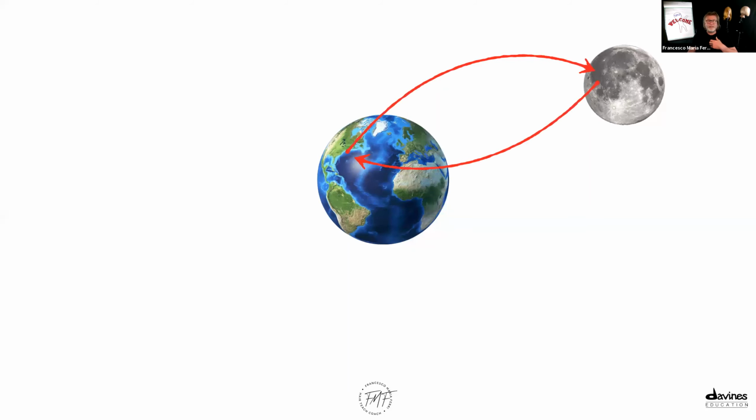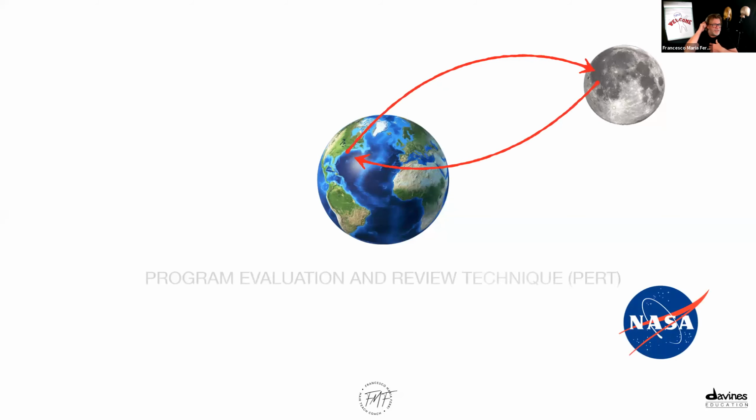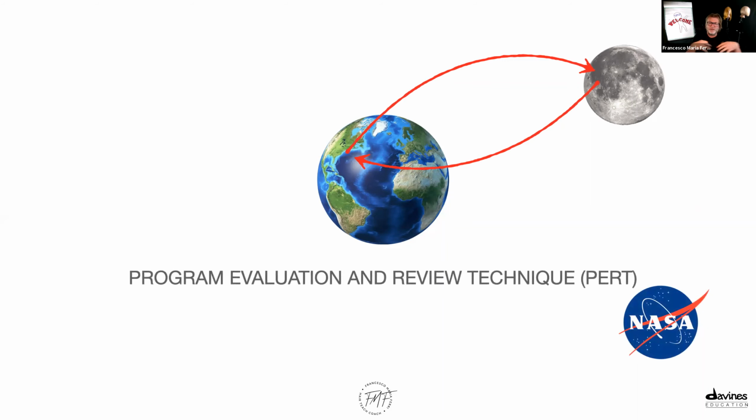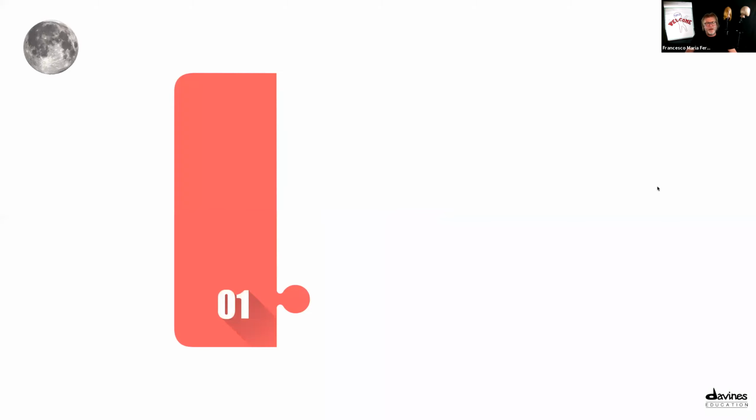So NASA used a system which was called PERT, Program Evaluation and Review Technique, which basically started from the moon and came back, instead of from the final product. So basically a reverse mode.